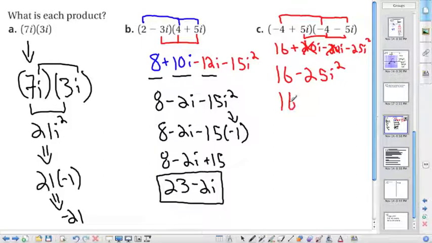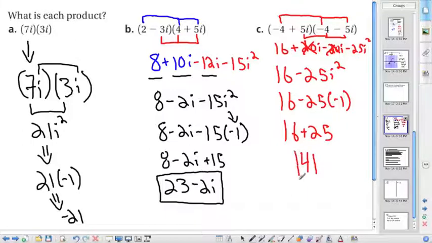But you know that i squared is negative 1, which reduces to plus 25, which reduces even further to 16 plus 25 is 41. And that is your final answer. So you can have a case where when you multiply two imaginary numbers, you get a real number.